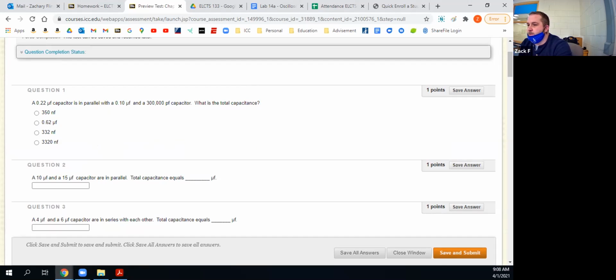Okay. Question number one: a 22 microfarad capacitor is in parallel with a 0.1 microfarad and a 300,000 picofarad capacitor. What is the total capacitance? 0.62 microfarads?